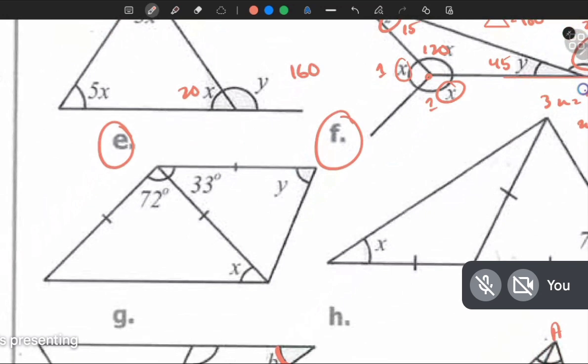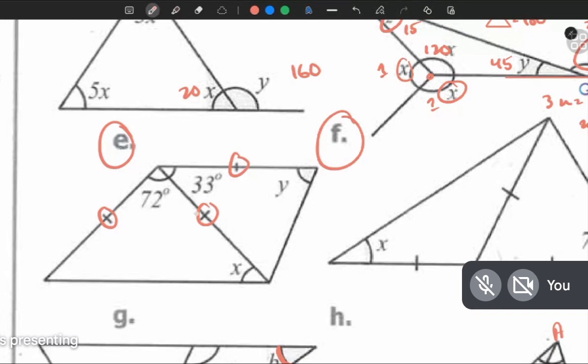Now, what do you see in E? Just tell me what you see. There are a few lines. Right? And these two lines are equal, right? Or these three lines are equal, right? Yeah. Yes.